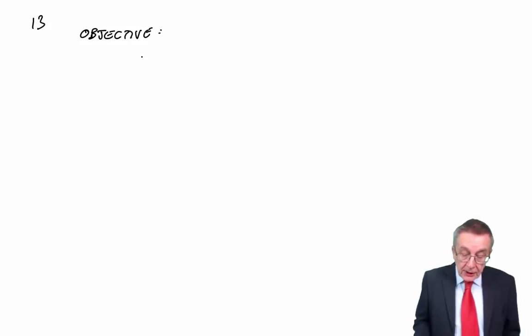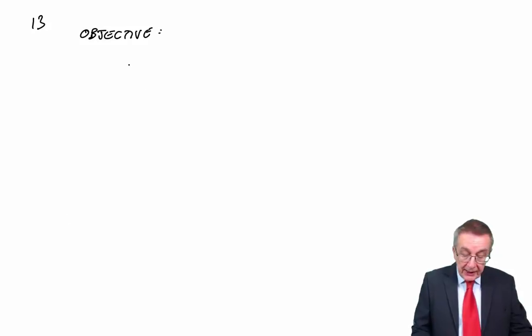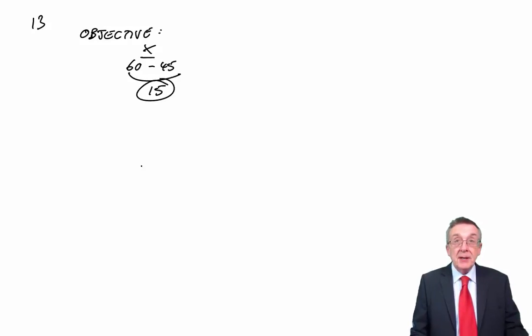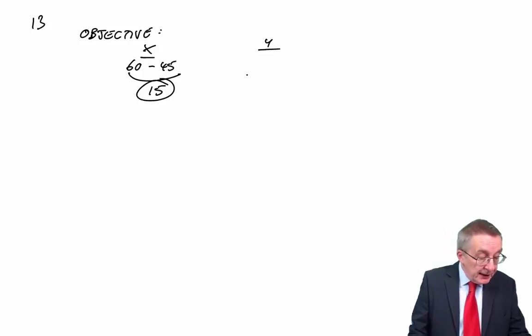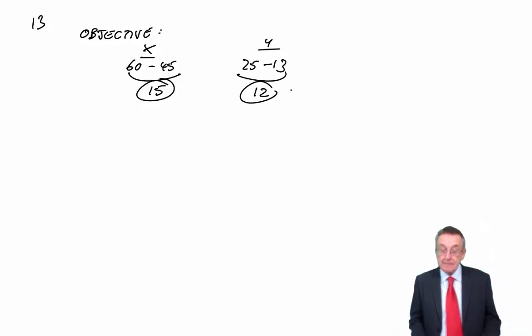So what would be the total contribution? Product X, the selling price is 60. The variable cost is 45. So the contribution is 15 per unit. Product Y, selling price 25 on the first line, variable cost 13. So the contribution 12 per unit.